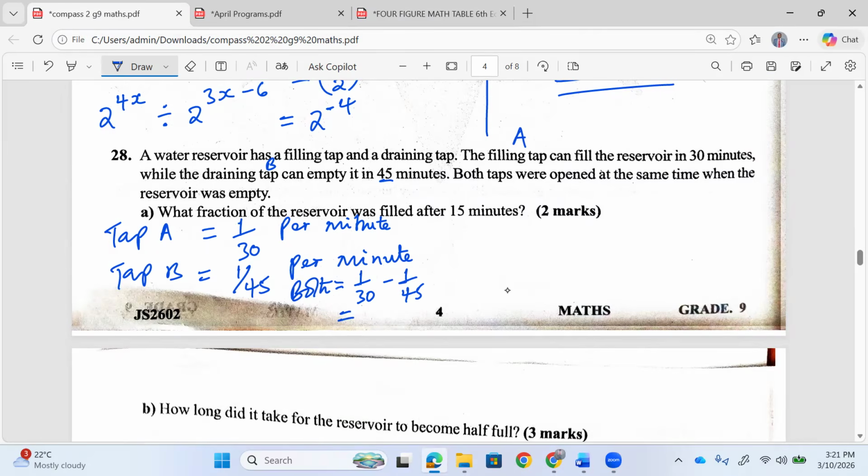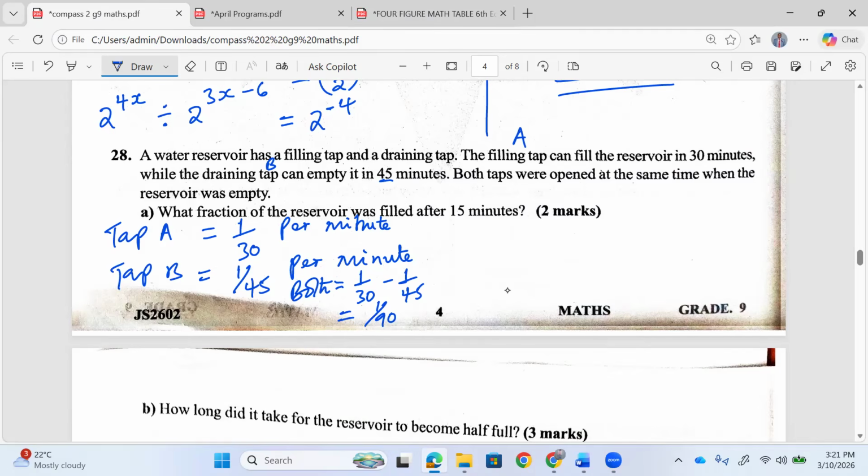They are not both filling. If they were both filling, we would have added their rates. But now, as one is filling, the other one is emptying. So we subtract so that we know the absolute portion that shall be filled within exactly 1 minute. So 1 out of 30 minus 1 out of 45, giving us 1 over 90.